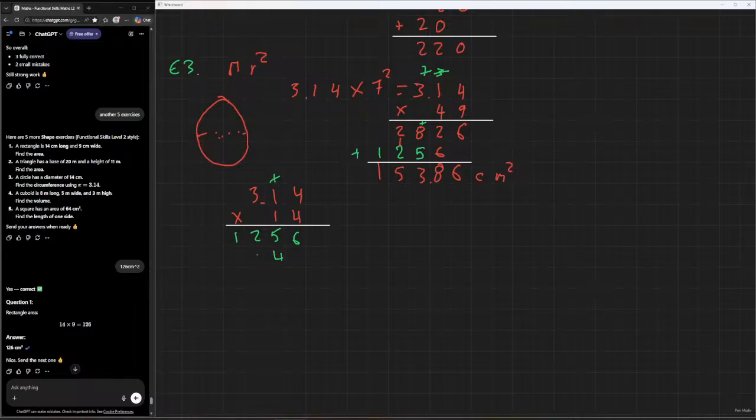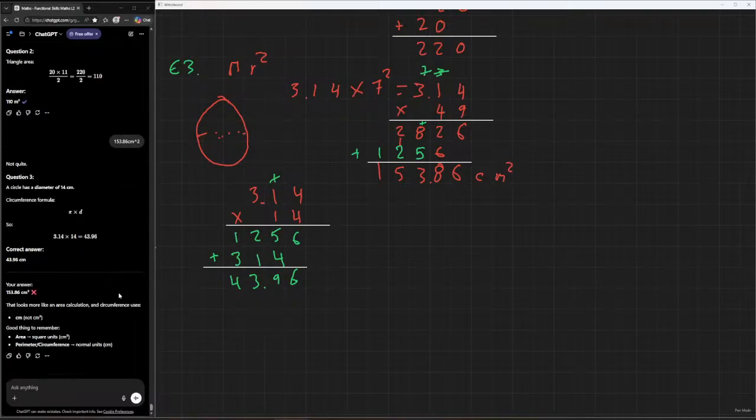Then it's 4 1 3. Then we go 6 9, 3 4, 2 decimal point. So let's see, 43.96. Yes.